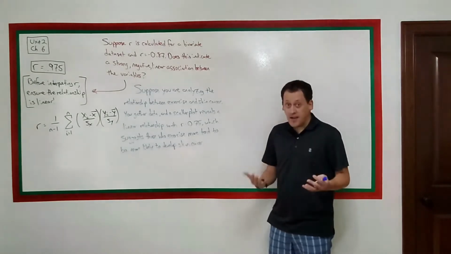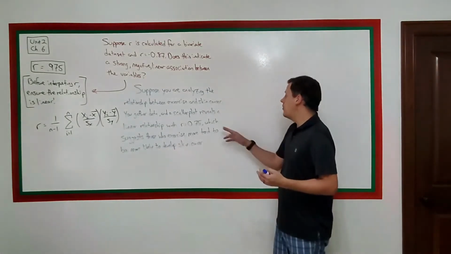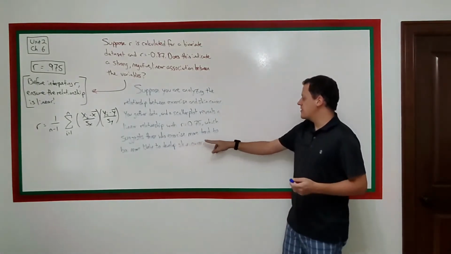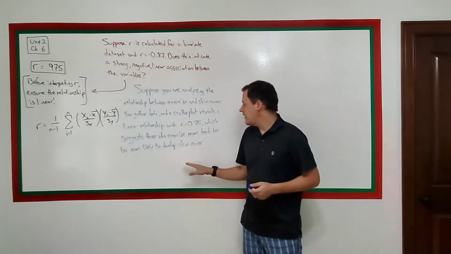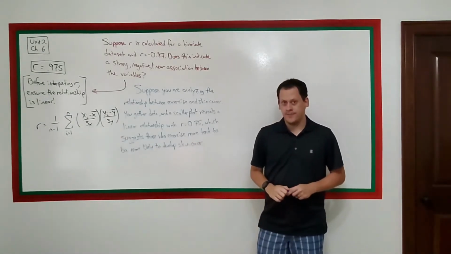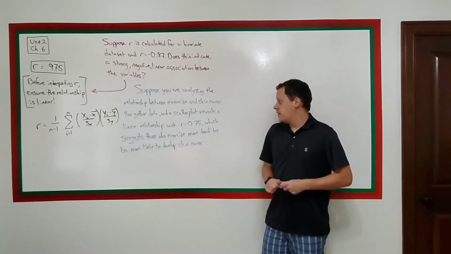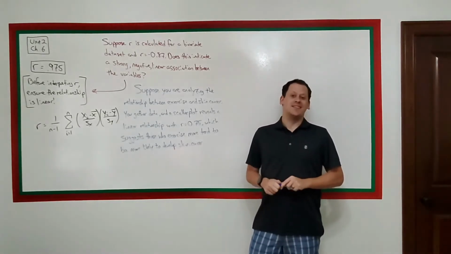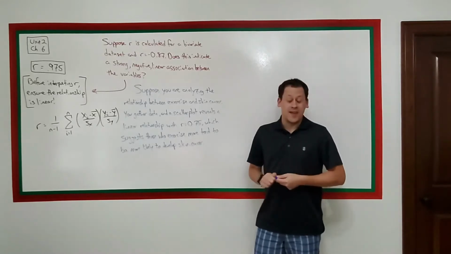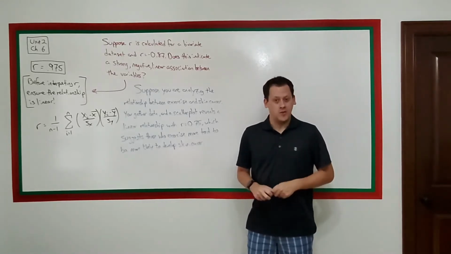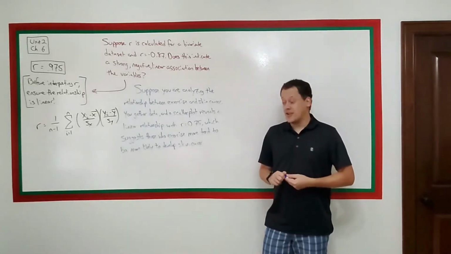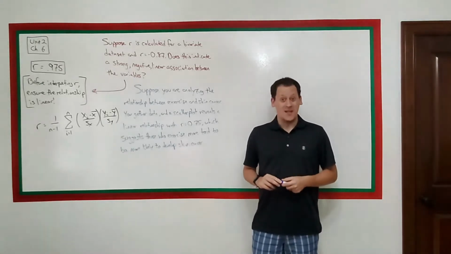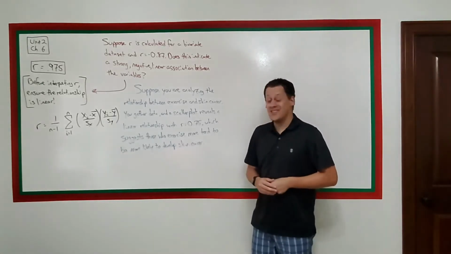Fairly strong positive relationship. So this suggests those who exercise more tend to be more likely to develop skin cancer. This is based on an actual study. I got it out of a different stats textbook than the one that we use, and they cited their source as a medical study. So that is true.